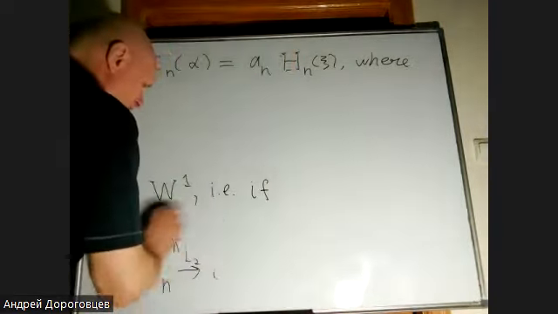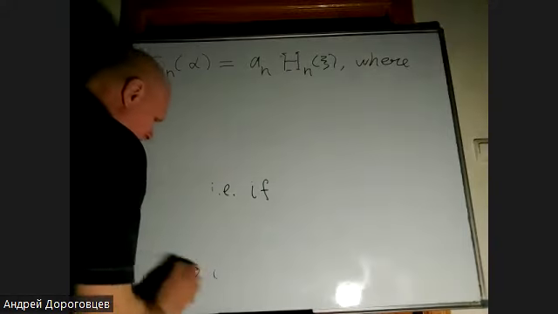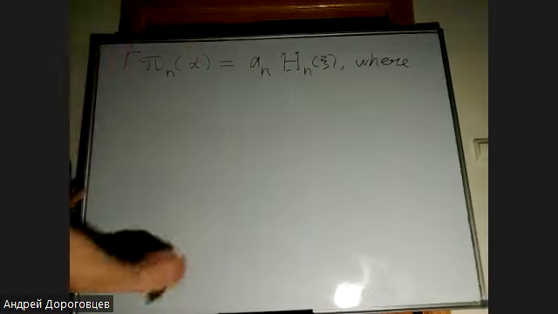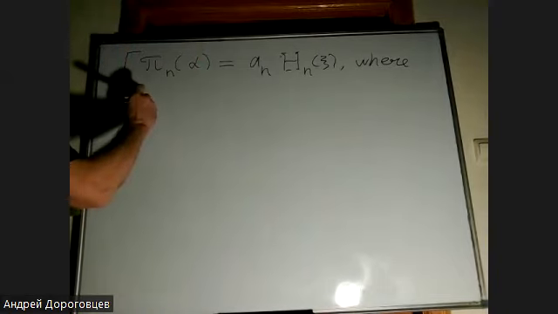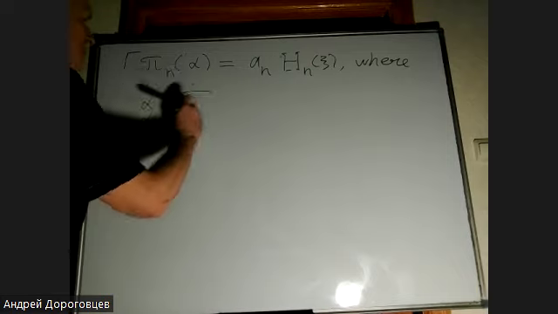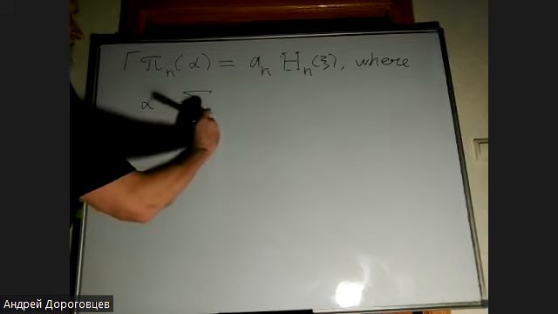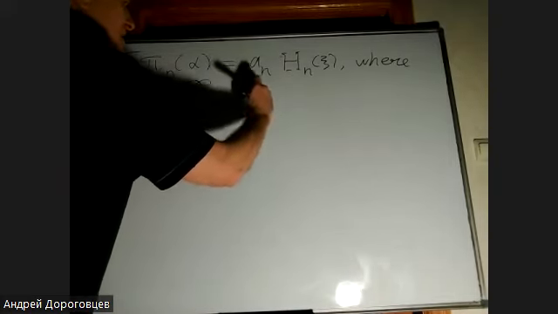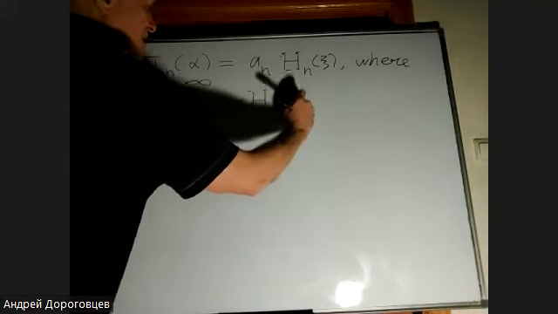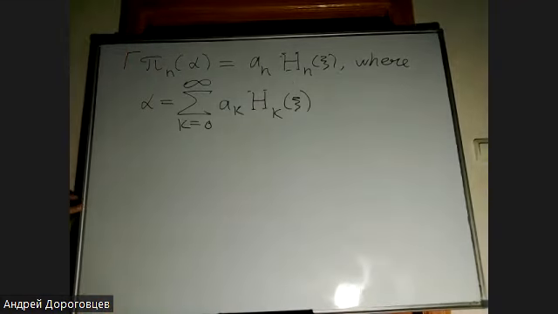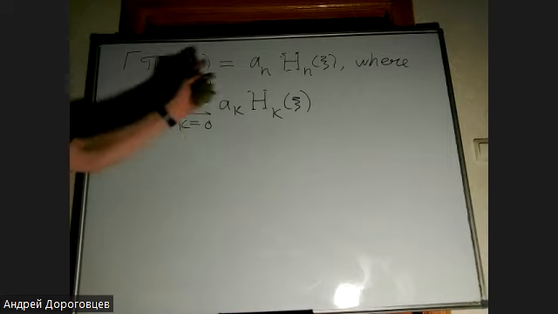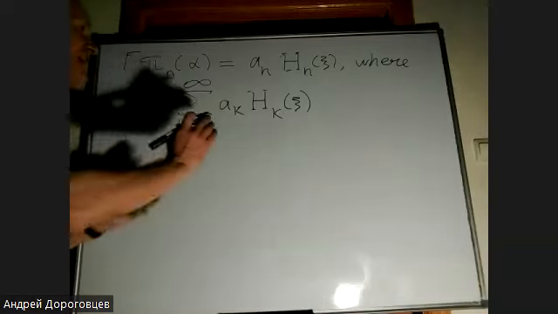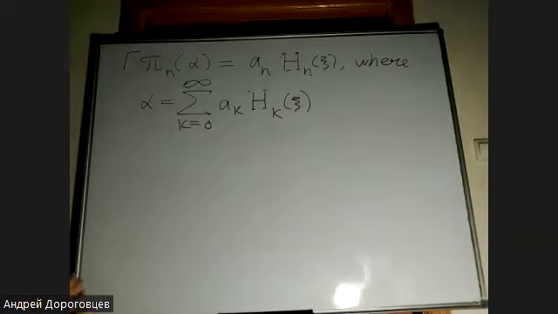So we consider the series which represents our random variable α. α is equal to the sum from k equals 0 to infinity of a_k h_k(ψ), and then we take not all the series, but one summand with index n.